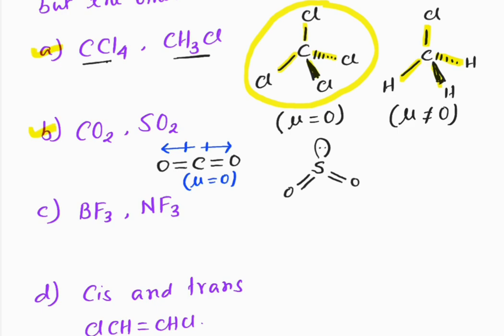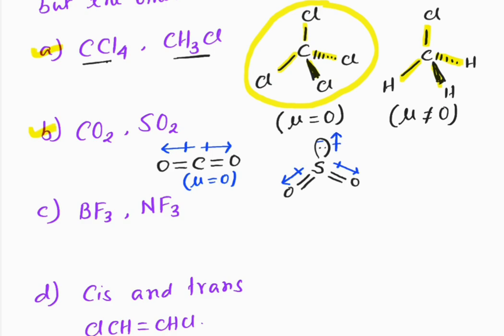But in case of sulfur dioxide, the bond moment due to this sulfur-oxygen bond acts in this direction, and the bond moment due to the other sulfur-oxygen bond acts in this direction. Moreover, the lone pair of electrons will also have some moment, which can be shown in this direction.